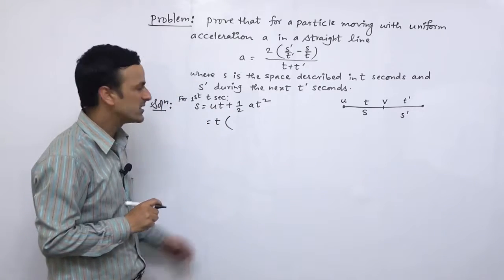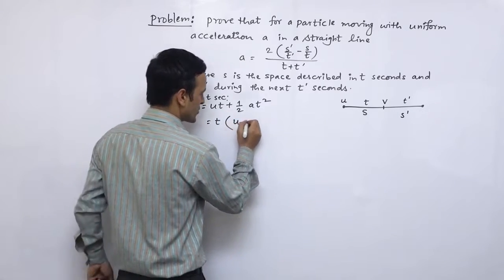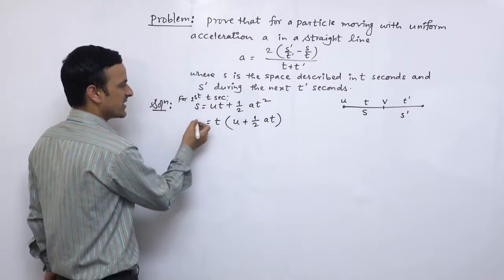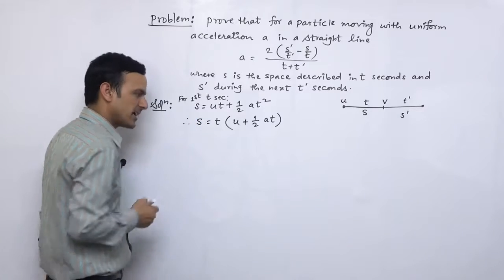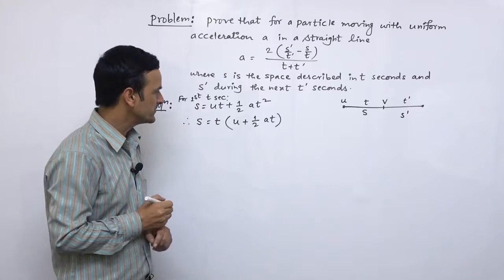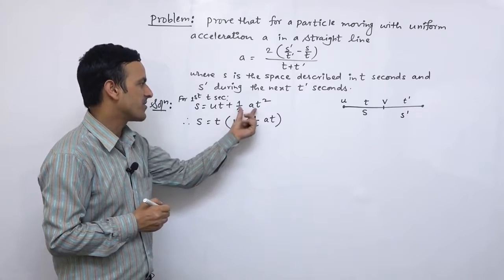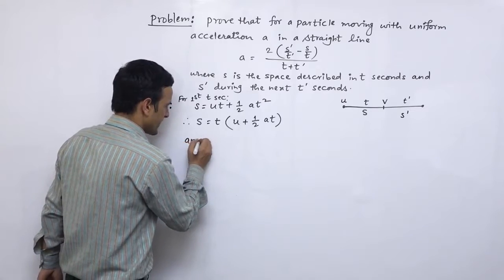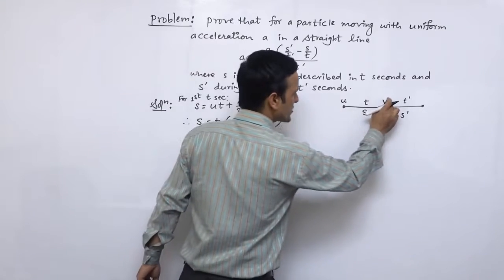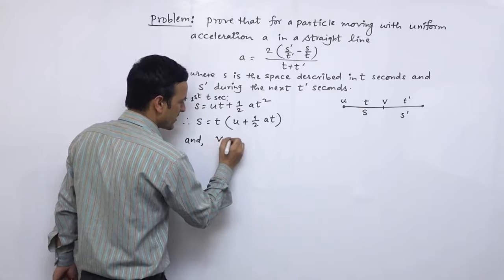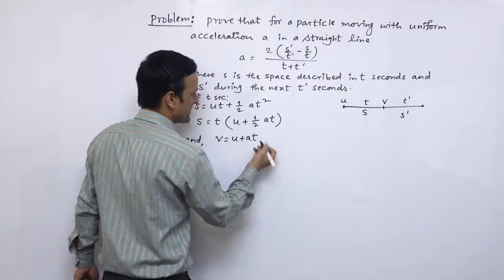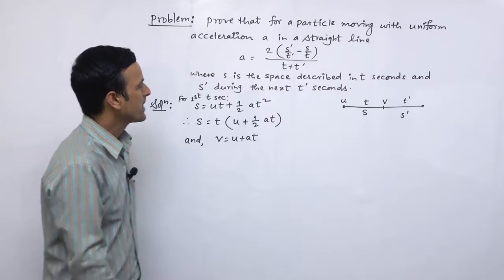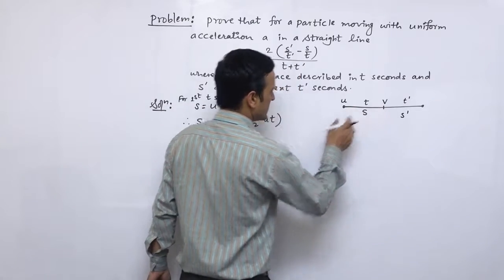We can take t common from here: s is equal to t times (u plus 1 upon 2 at). So this is the distance covered by that particle in terms of this one. Its final velocity will be v is equal to u plus at. So this will be the final velocity of that particle for the first t seconds.